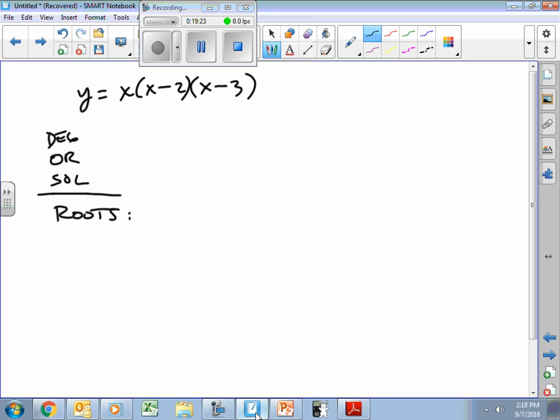Roots, one intercept, and behavior. For sketch. You should have an extra sheet of paper for this one.